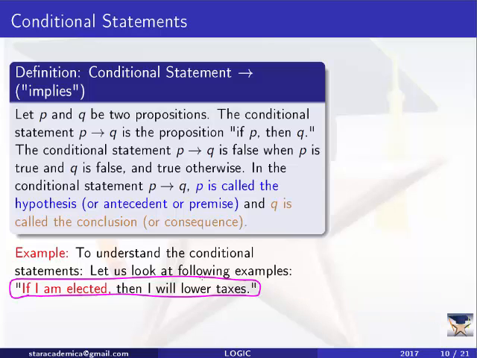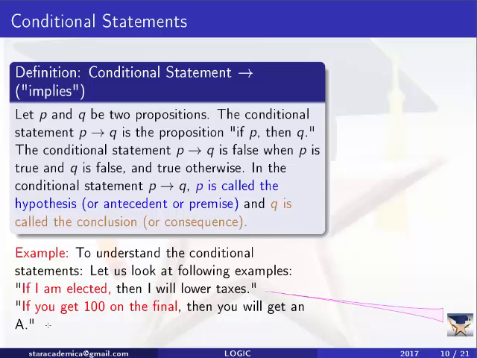As a complete statement, that will be true. If he is not elected, he doesn't have to lower the taxes. There is no condition. The only thing which he makes a promise on is this: if he is elected and he is not lowering the taxes, then the statement will be false. Otherwise, it will be true. That's the interesting part about this.